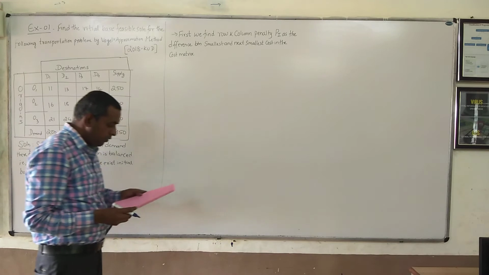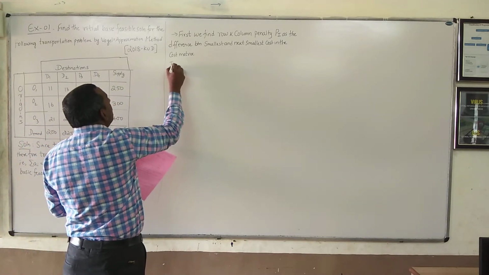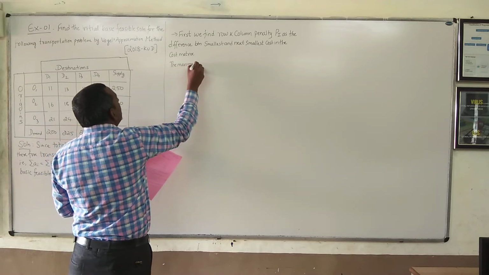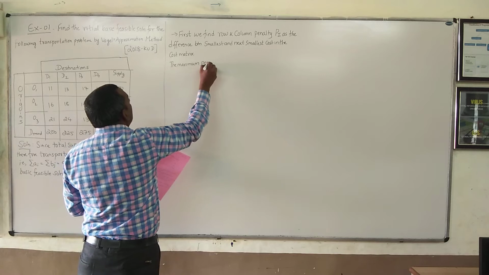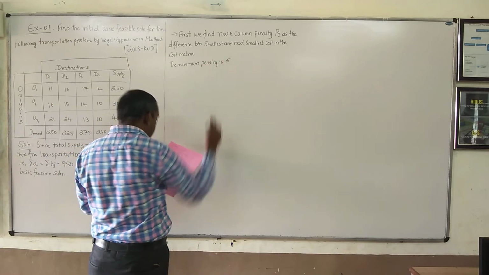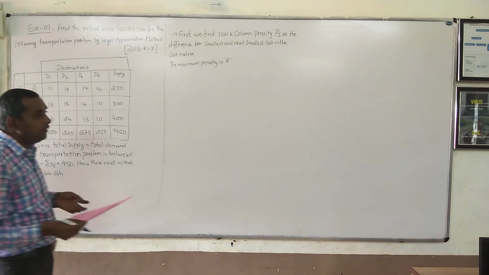Fine. The maximum penalty is 5. The maximum penalty is 5. Fine. So how? The maximum penalty is 5.